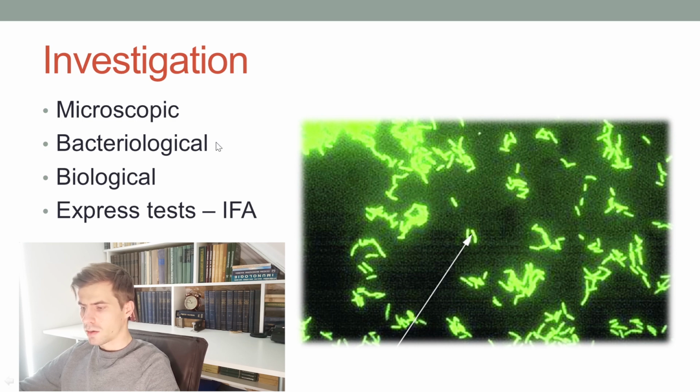For the bacteriological one, we culture the bacteria on culture media in specific conditions, and biological investigation is when you inoculate lab animals and observe the symptoms which the pathogen can produce while producing infection. And express tests, for example, indirect fluorescent antibodies.